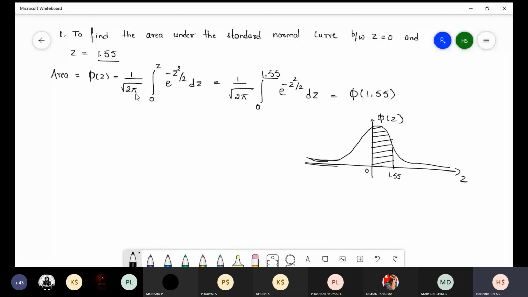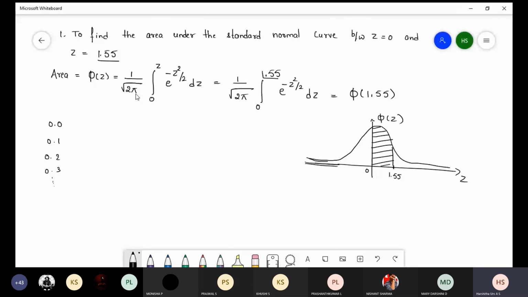Now, as I sent the table, you can refer to the table on this side. Here the first column is 0.0, 0.1, 0.2, 0.3, like that up to 3.0 we have.